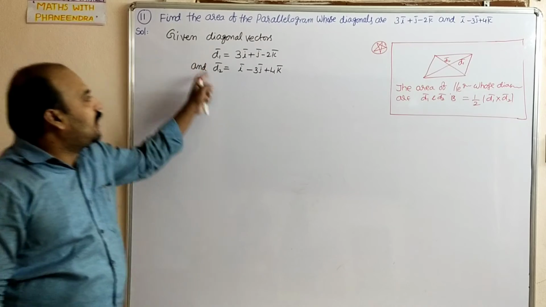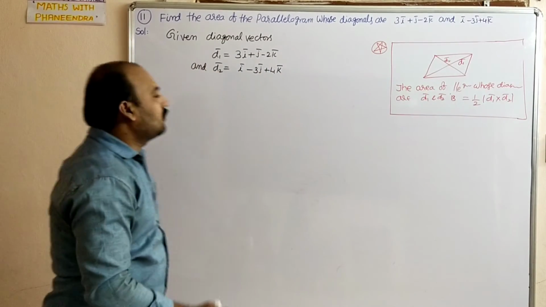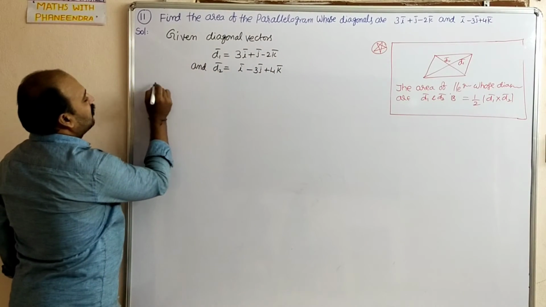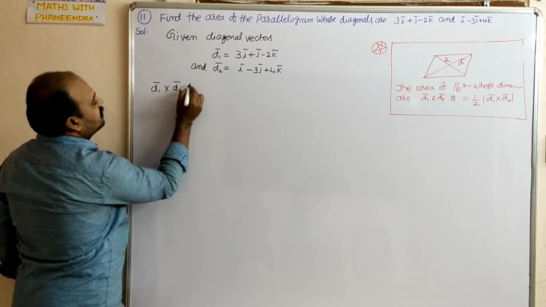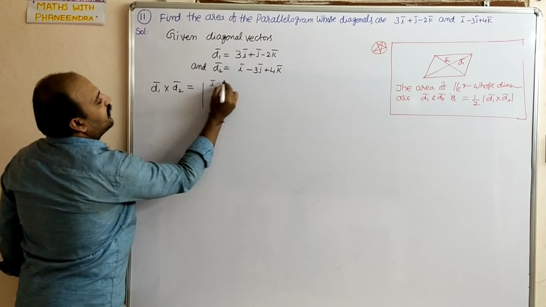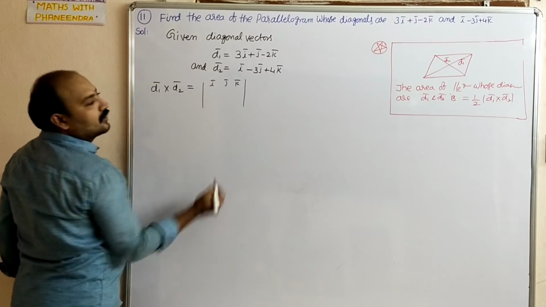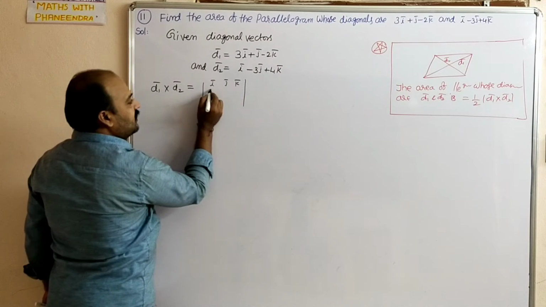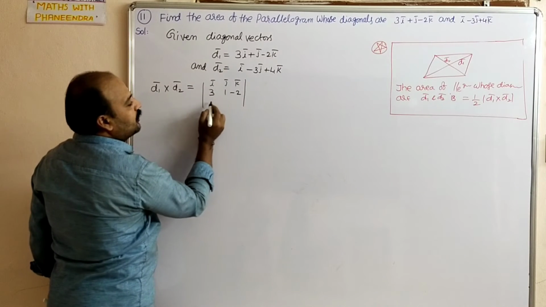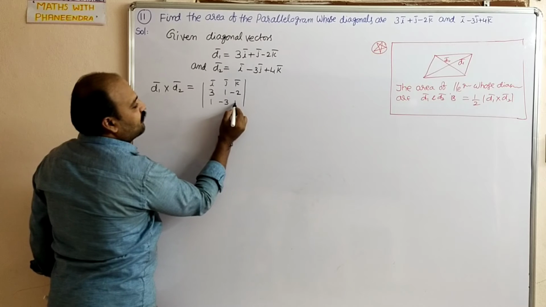After that we have to calculate D1 bar cross D2 bar. So D1 bar cross D2 bar, again cross multiplication of two vectors i, j, k. In the first vector components 3, 1, minus 2. In the second vector 1, minus 3, 4.